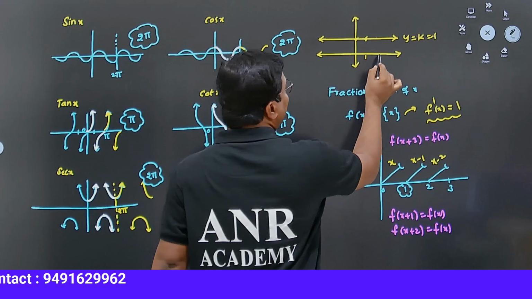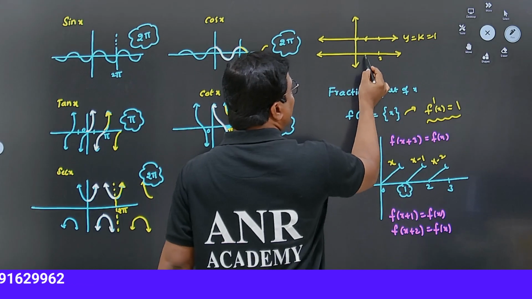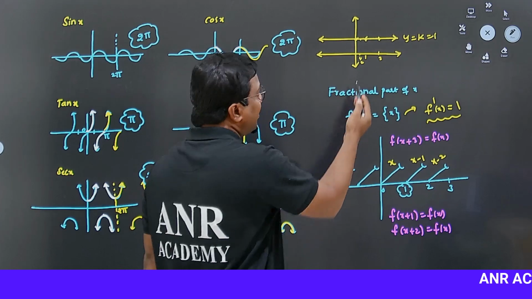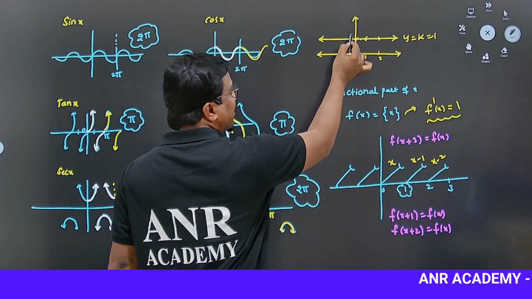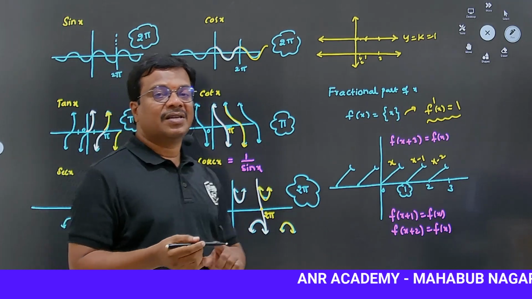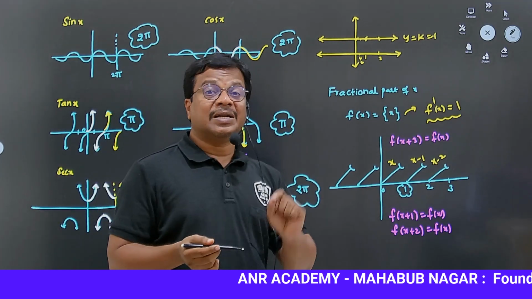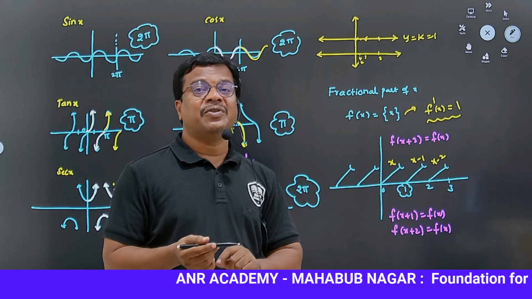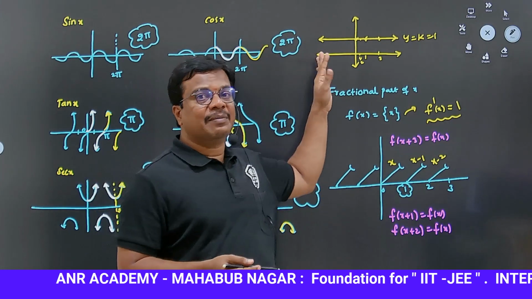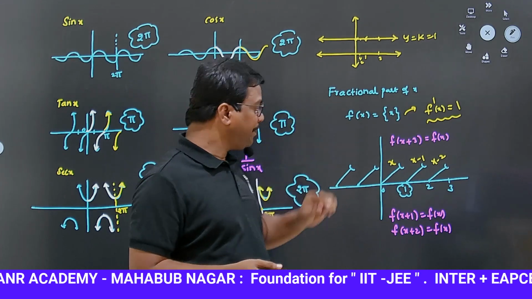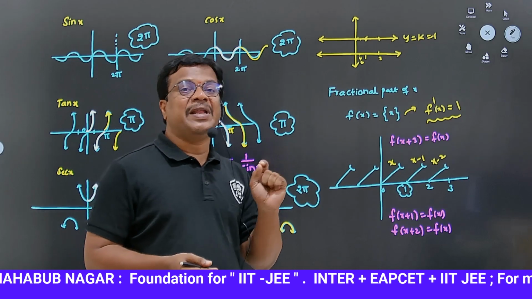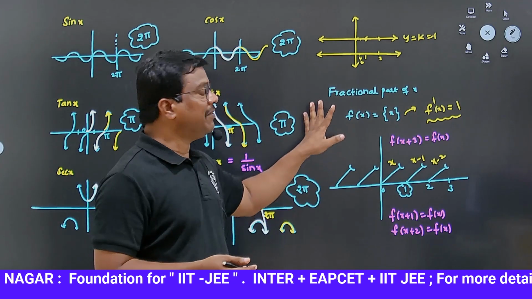The graph repeats at 1, at 2, at 1 by 2 also it repeats, at 1 by 4 also it repeats. Nearby 0, at the very next number after 0 it repeats, but that very next number must be a positive real number, and we can't say it perfectly. It is periodic, but its period is not defined, remember. The function is periodic, but the period is not well defined for a constant function.